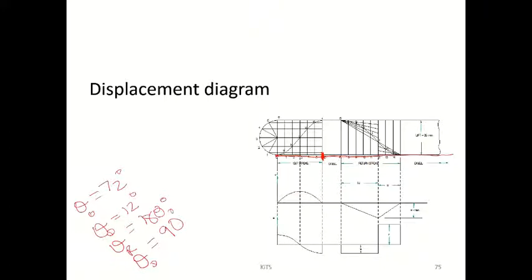Then leave a small gap, 1 centimeter or 2 centimeter gap. 1 centimeter gap is enough. And then from here, mark 180 degree, that is 18 centimeter. This point to this point is 7.2 centimeter, and this point to the third point is 18 centimeter.